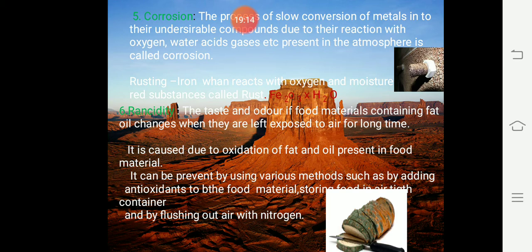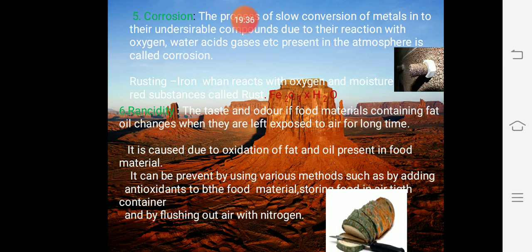And next one is rancidity. What is meant by rancidity? Rancidity means food materials containing fat and oil change when they are left exposed to the air for a long time, so that it is not good for health and not good to eat.